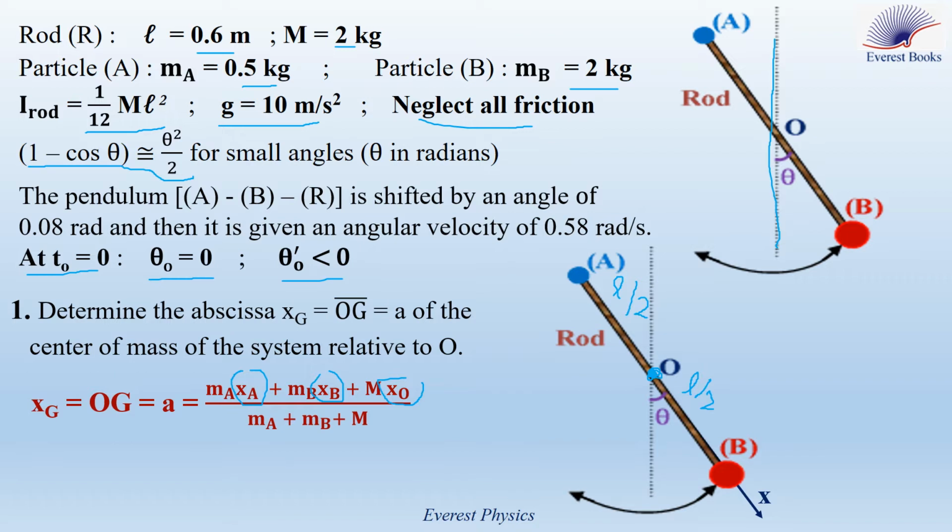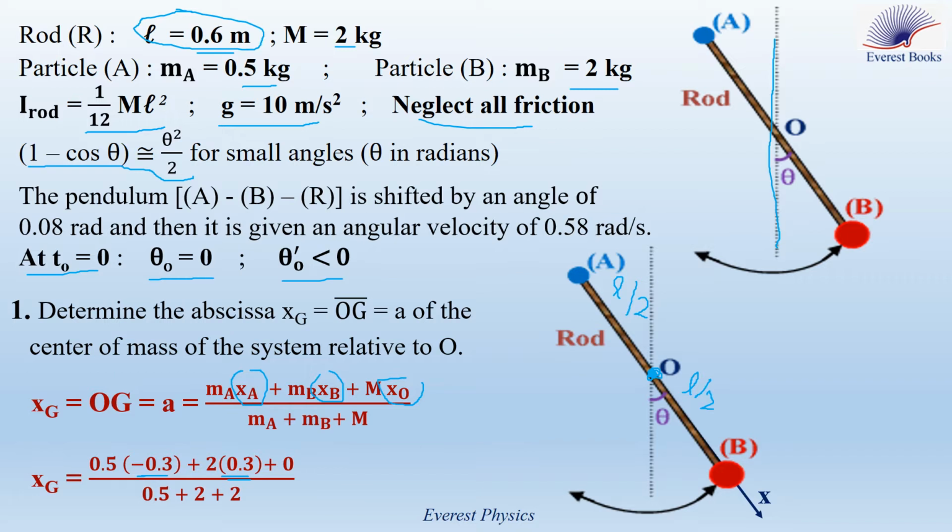So the abscissa of A is minus 0.3 because it is negative, and the abscissa of B is plus 0.3 meters because L over 2 is equal to 0.6 over 2, which is equal to 0.3 meters.